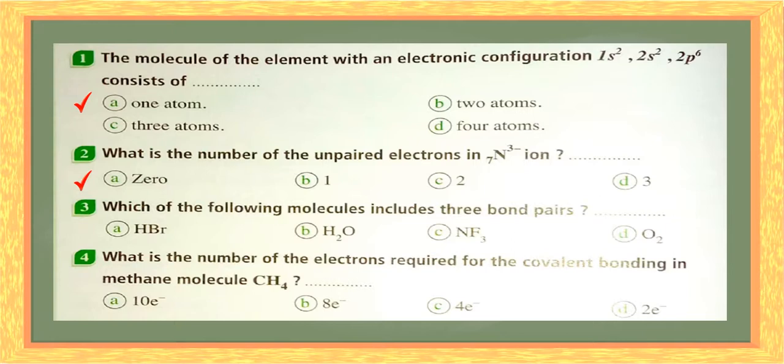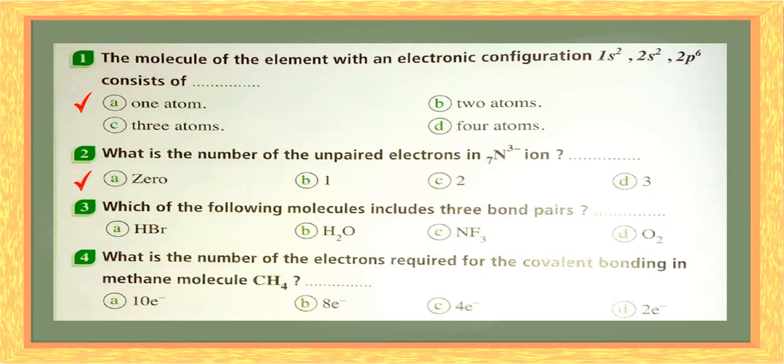Okay, let's go to question 3. Which of the following molecules include 3 bond pairs? 3 bond pairs means that we have 3 pairs of electrons forming bonds. Here we have HBr, it's only one bond. H2O, O in the center, has 2 bonds with hydrogen.